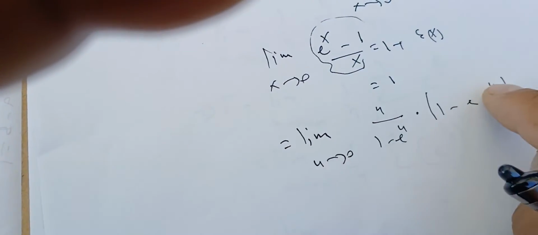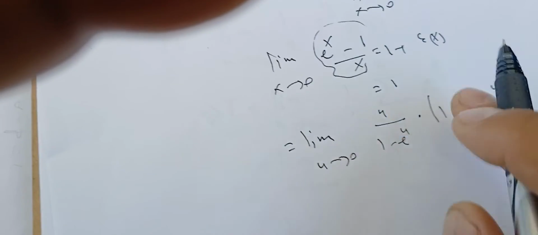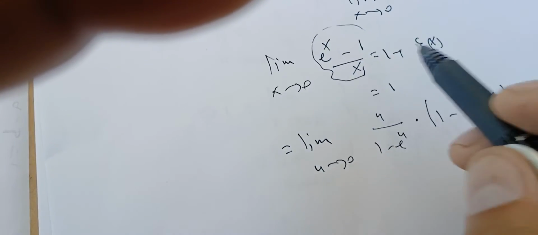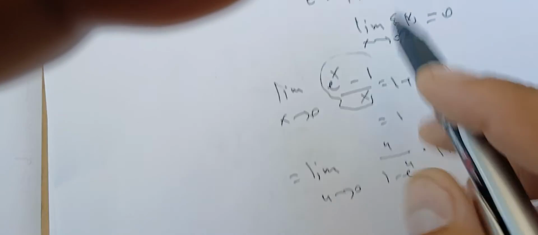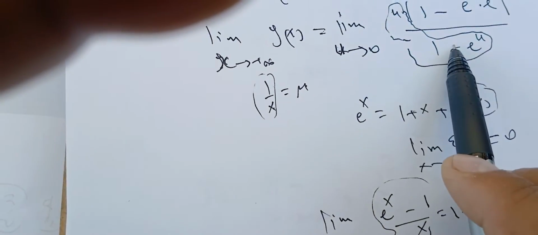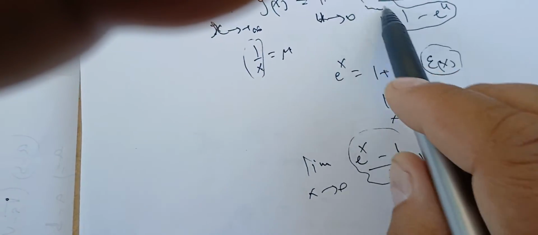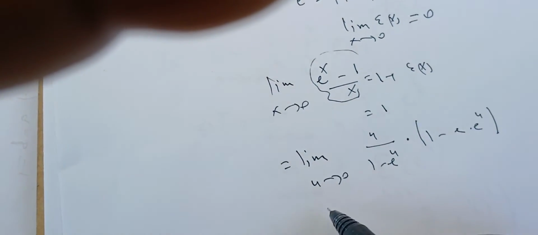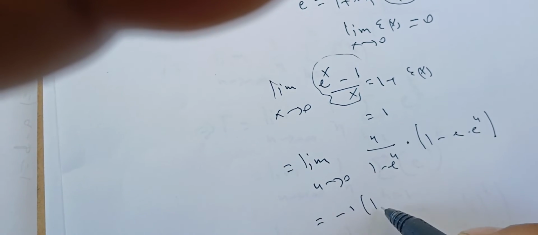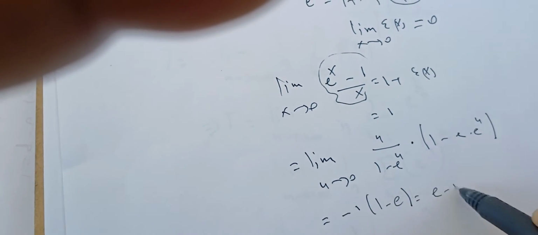This one, as u goes to 0, is going to give us 1 times 1 minus e, with this minus. The only thing that we didn't say is that this is minus this one. That means if this is 1, this limit is minus 1. So minus 1 times 1 minus e is e minus 1.